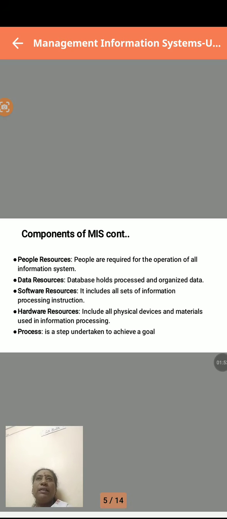Okay, and then data resources means data may be processed data and organized data. So data sometimes is pre-processed data or secondary data. Okay, and then software resources means once we have to run our applications, we need some software like SPSS and MS Excel. So these are the software resources to run our information processing system.